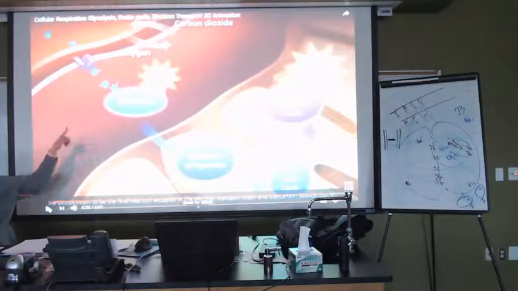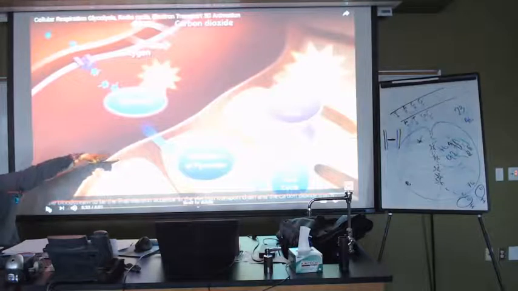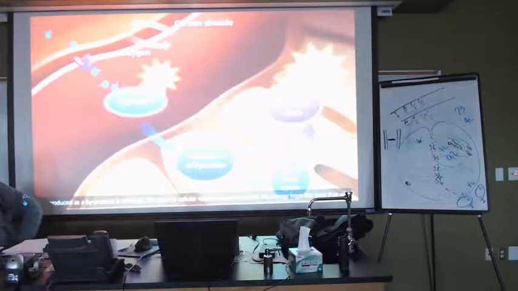This is how the body uses oxygen. We tend to think oxygen, oxygen, oxygen, oxygen. This is where it gets used. And the carbon dioxide that is produced as a byproduct is released.